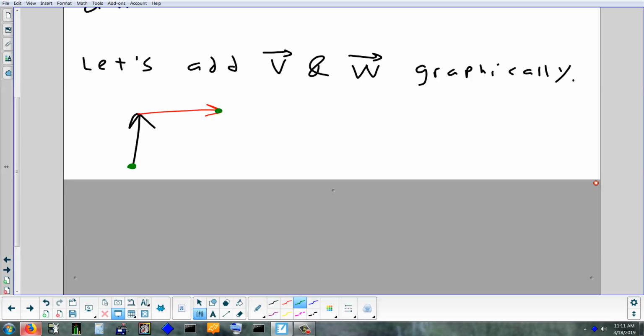Okay, they should make like a path, and then connect it. That's the answer. All right, so if you want to add two vectors visually, you just stack them together like that, and you just connect where you started to where you stopped. That's the direction. And if you found the length of that green arrow, that would be the magnitude.